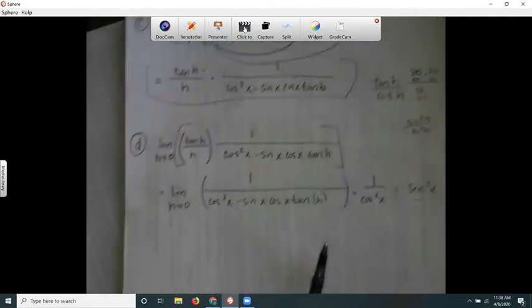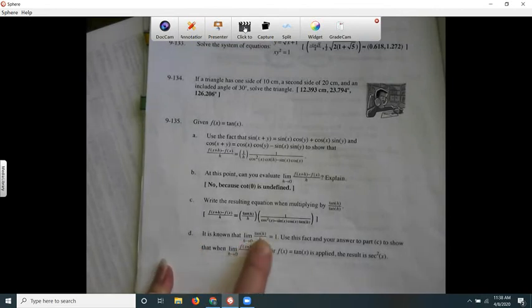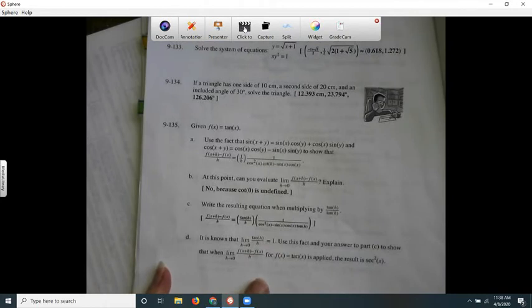And then letter D, what does letter D say? Letter D says, it is known that the limit as h approaches 0 of tangent h over h equals 1. Use this fact and your answer to part C to show that when the limit as h approaches 0 of f of x plus h minus f of x all over h for f of x equals tangent x is applied, the result is secant squared x.